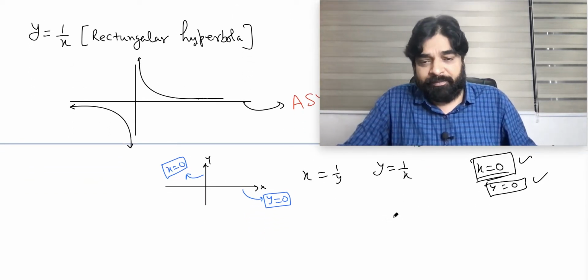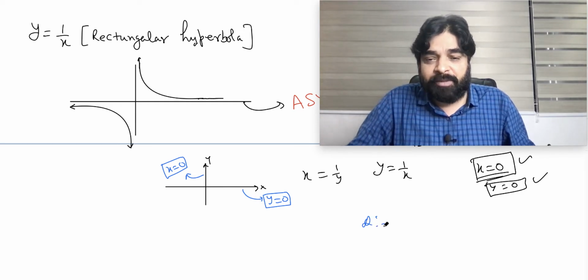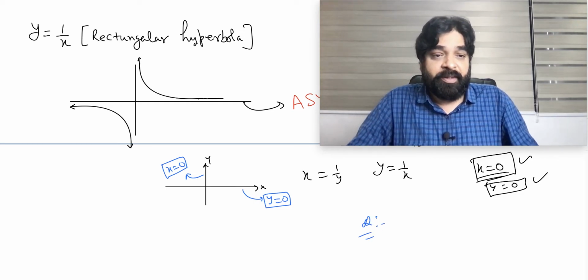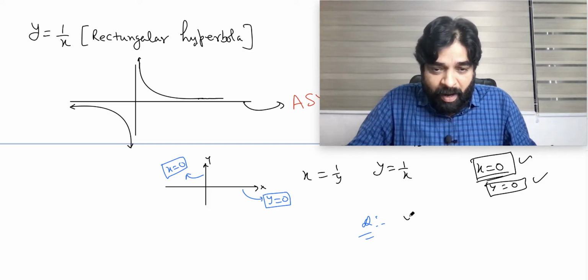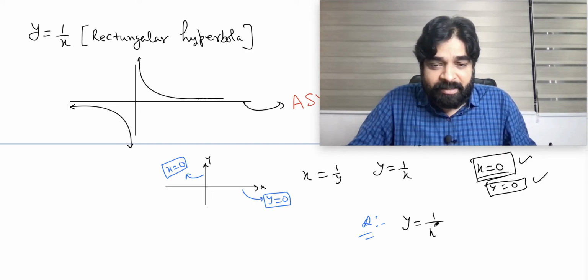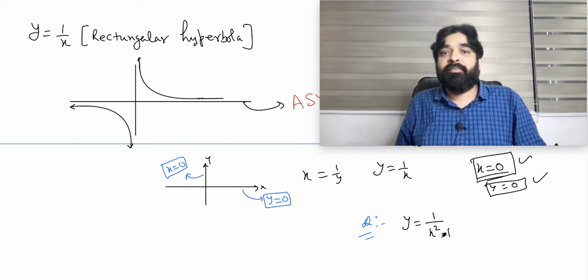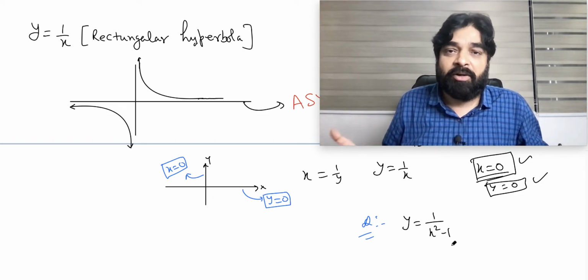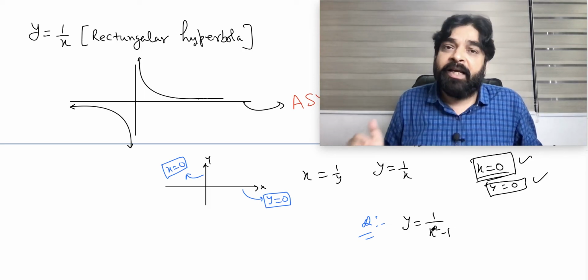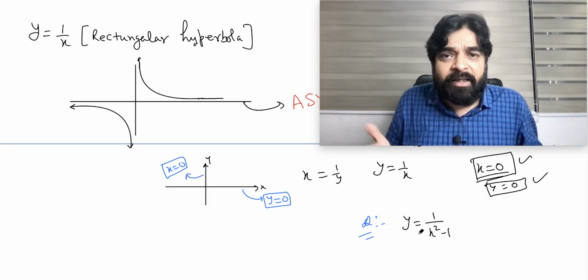One more small point. Suppose somebody asks: y equals 1 by x square minus 1, does it have asymptotes or not? Very simple. First, can y be not defined? Yes, when the denominator is 0.